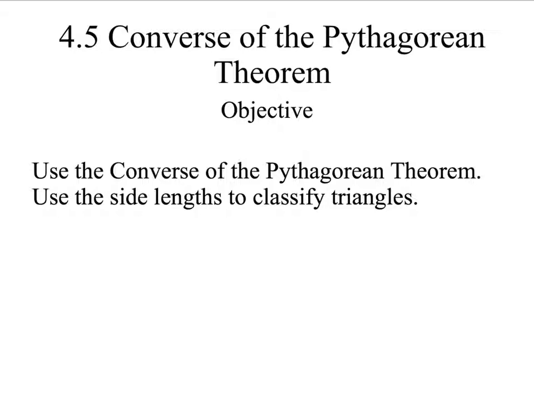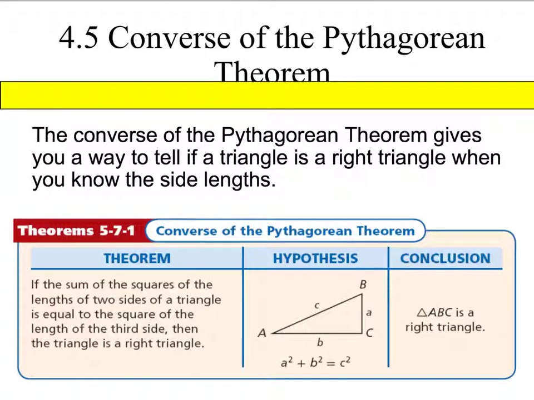I hope so. Alright, so it says the converse of the Pythagorean theorem gives you a way to tell if a triangle is a right triangle when you know the side lengths. So all we need to do is know what those side lengths are and we can classify it as a right triangle. It says if the sum of the squares of the lengths of the two sides of a triangle is equal to the square of the length of the third side, then the triangle is a right triangle.